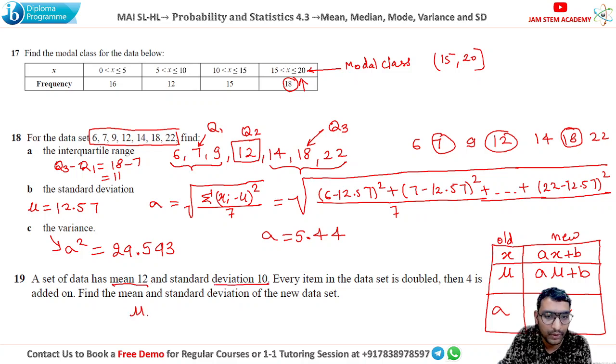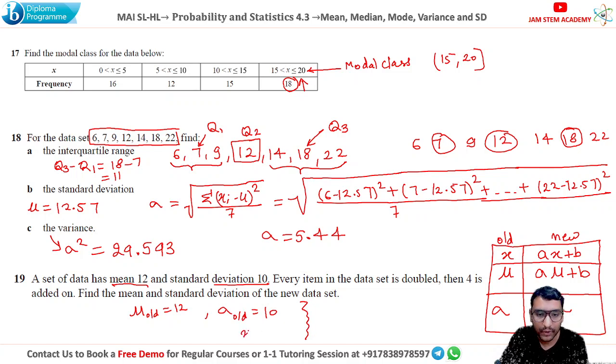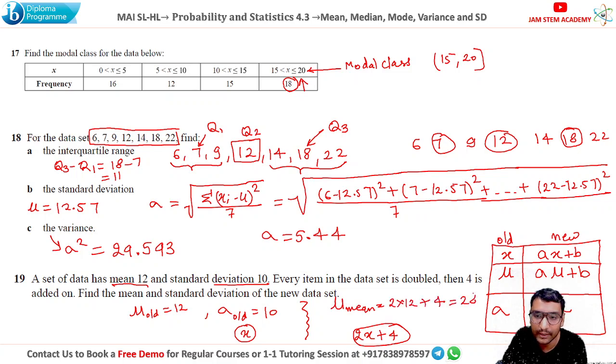So here we have a set of data with mean 12 and standard deviation 10. So old mu is 12 and old sigma is 10. It says each data value is doubled, so originally it was x and we changed it to 2x, then added 4 to it. So a is 2, b is 4. The new mean will be 2 times the old mean, meaning 2 times 12 plus 4, which gives me 28.